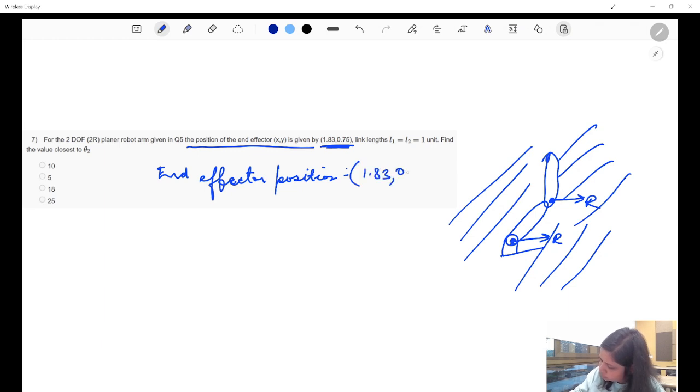(1.83, 0.75). Okay, if the end effector position is given and you want to find out theta 2, what are we doing? We are doing inverse kinematics. We already had the questions for forward kinematics last time. We'll see inverse kinematics now.